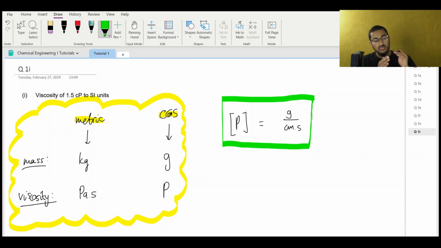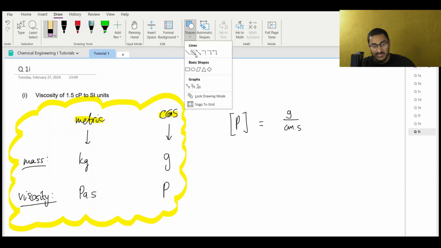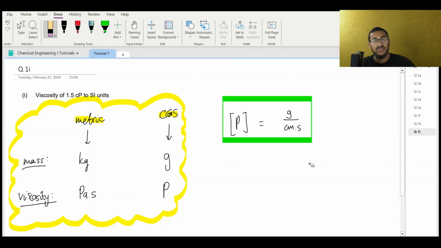If I needed honey to move 1 centimeter in 1 second, then I would need to have quite a bit of honey for it to pull itself down. But if I had water, you just need 1 drop of water and you know that's already going to move 1 centimeter in 1 second. And so the question is just how much mass do I need to move this thing 1 centimeter in 1 second? All right, so that is kind of the definition or the base units of viscosity in the CGS system.